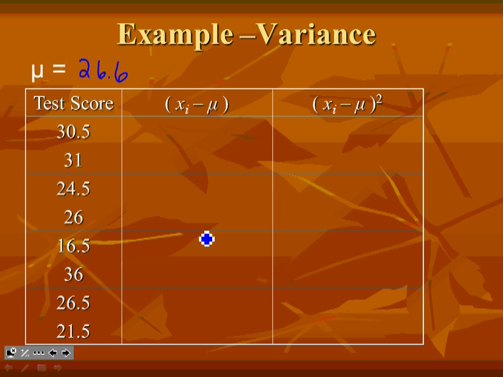What is the first step in our formula? Okay. So, first thing we need to do is say 35.5 minus 26.6. What do we get? Everybody else see 3.9? Okay. Alright, 31 minus 26.6. 4.4.